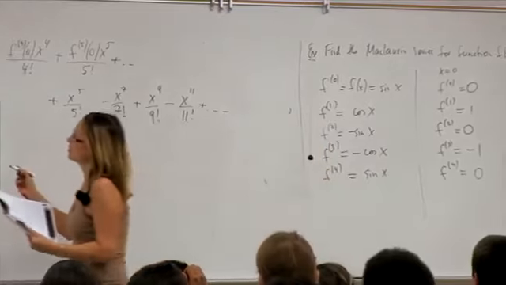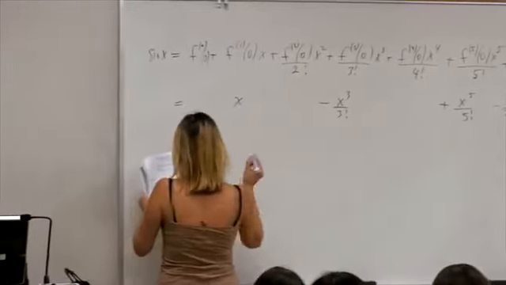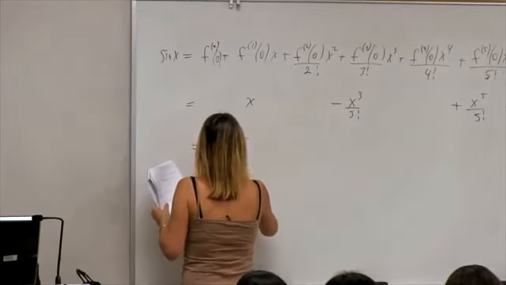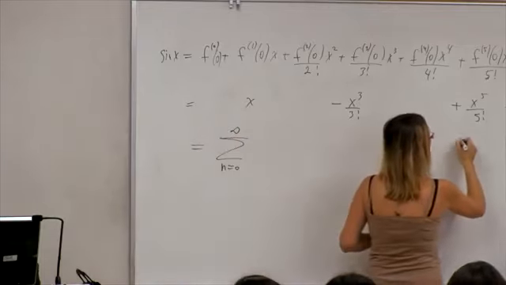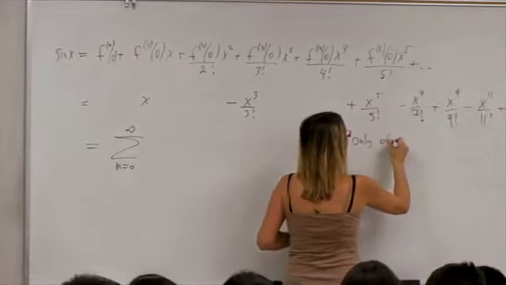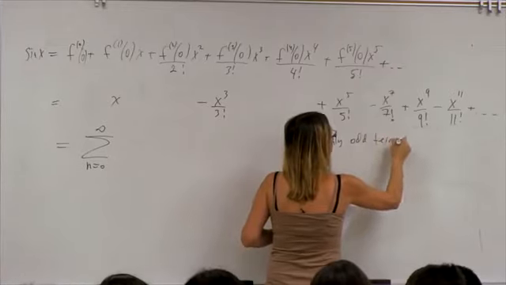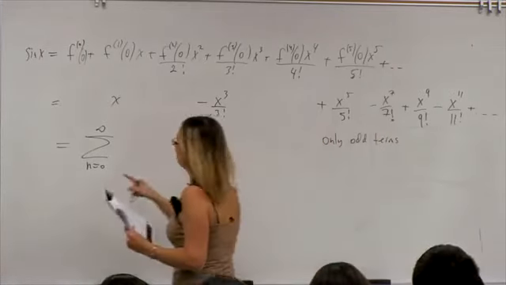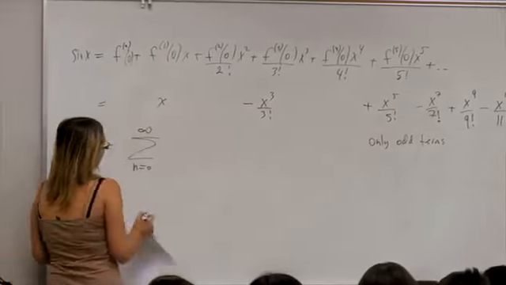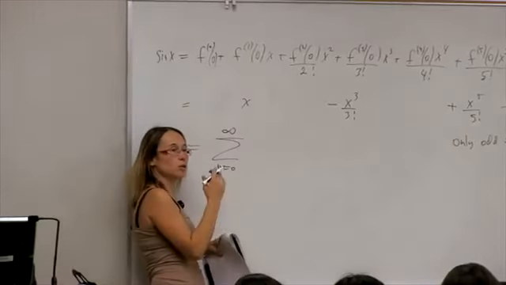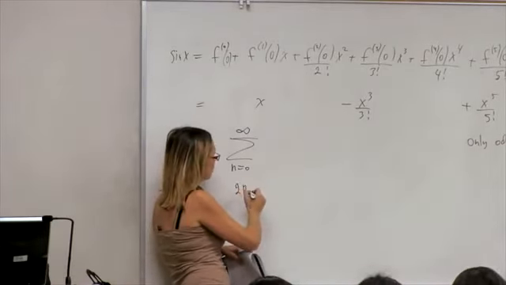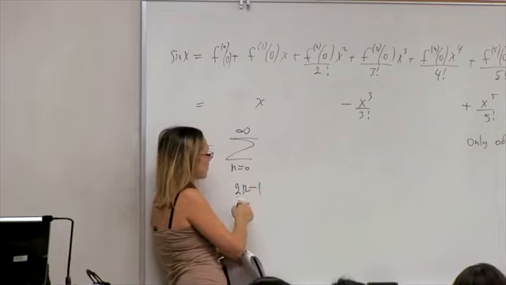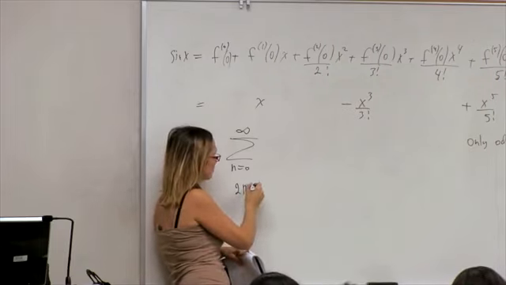How do we write it as a sigma notation? So you can see that we only have odd terms. Okay. So if n goes from 0 to infinity, it goes 0, 1, 2, 3, 4, 5. I want to look at the combination 2n plus 1.